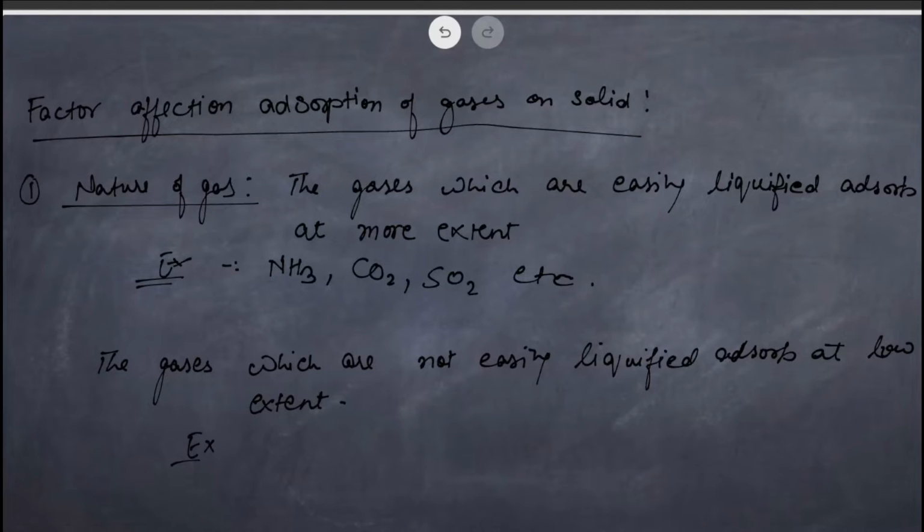Examples are H2, N2, argon, air, helium, etc.